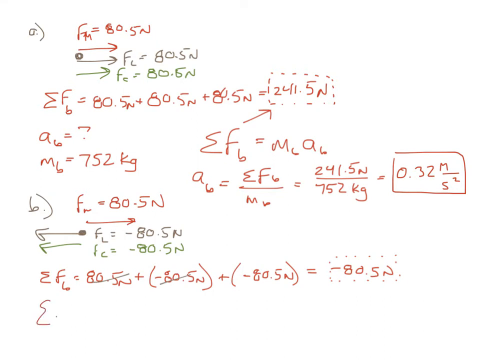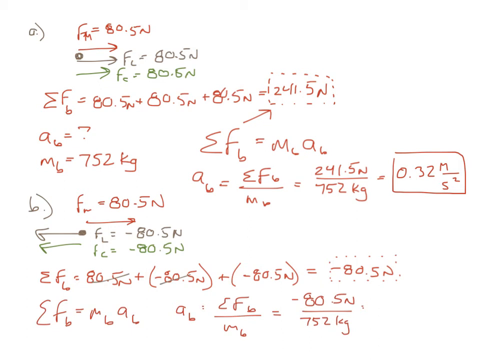Once again, the net force on the boat equals the mass of the boat times acceleration of the boat. So the acceleration is going to be the net force on the boat divided by the mass of the boat. For part B, the new net force on the boat is negative 80.5 newtons, and it still has a mass of 752 kilograms.